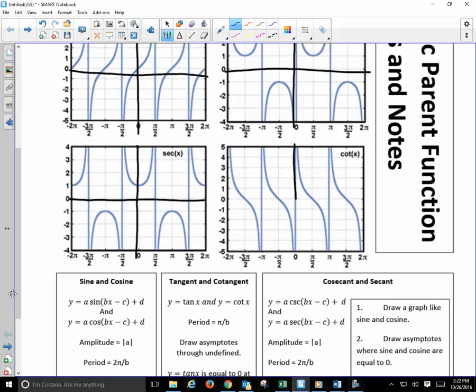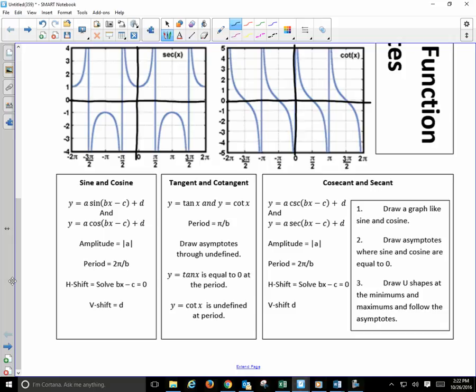These are actually the parent functions. I want you to know I give you this sheet on the test. I even give you this part where it talks about how to graph each one. So all the important pieces of amplitude, absolute value of A, period, 2 pi divided by B, horizontal shift, vertical shift. Those are all pieces that I give to you.